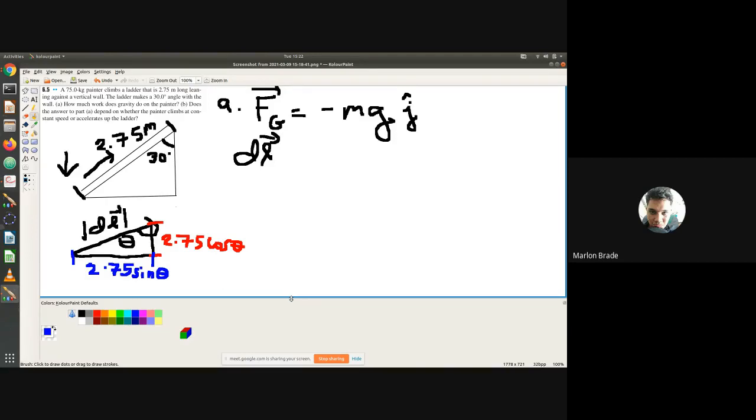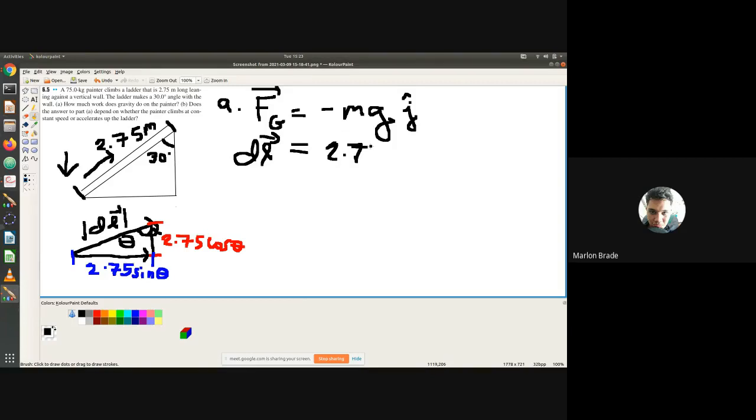So the displacement vector can now be written as, hello guys, can you see the frame? Yes, sir. Okay, so this must be equal to 2.75. So the arrow must be here, and this is still here, so the directions are all positive.